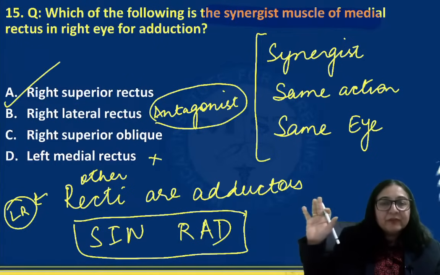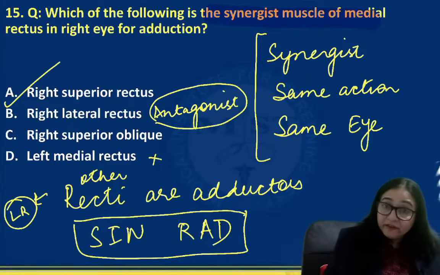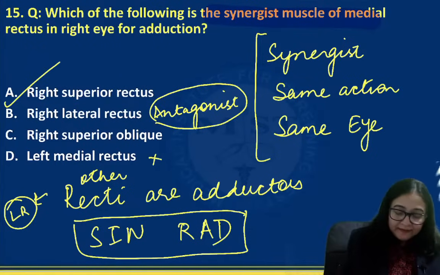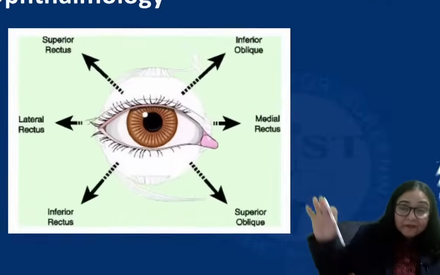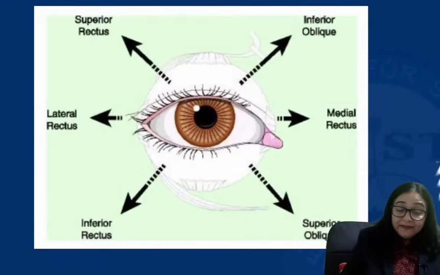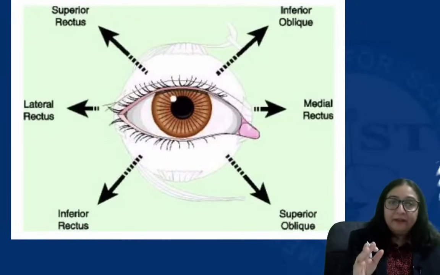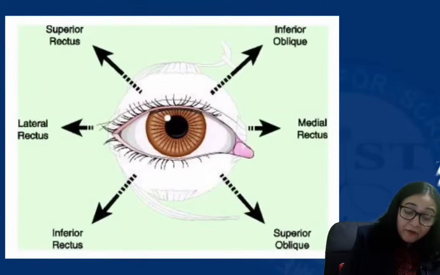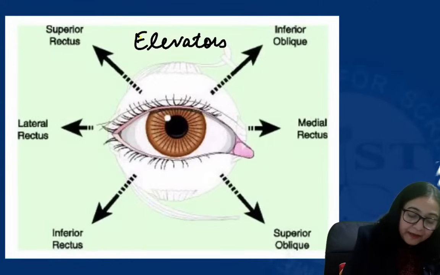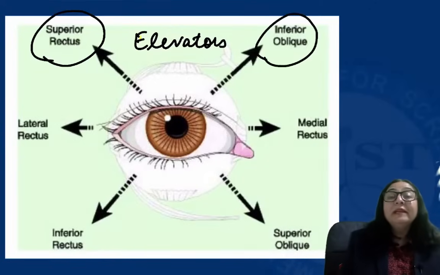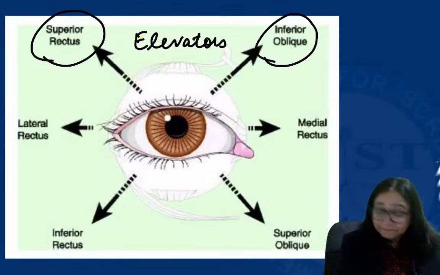Okay? So first of all, clear the concept of synergist muscle, and then we will quickly see what the yoke muscles are. So this is how you will see synergist. Synergism will be for a particular action. For example, for elevation, both of these, superior rectus and inferior oblique, will be synergist muscles.